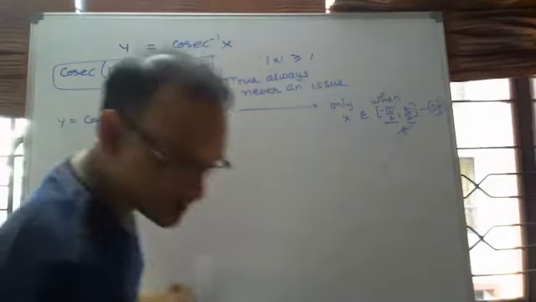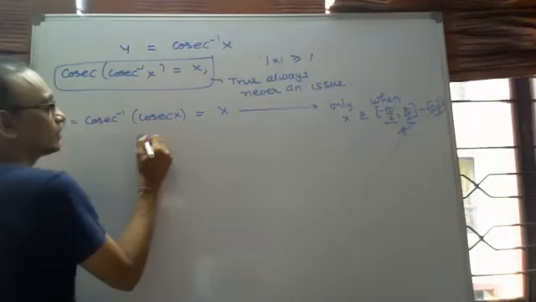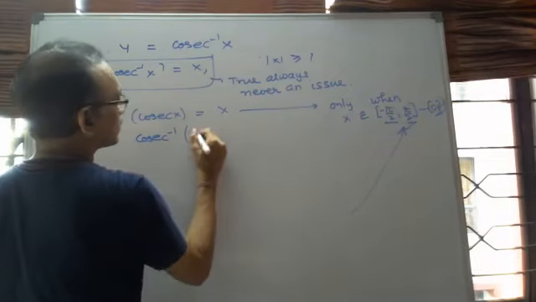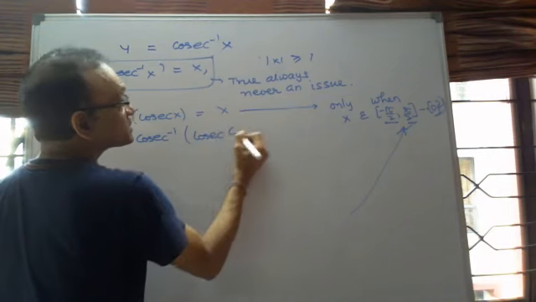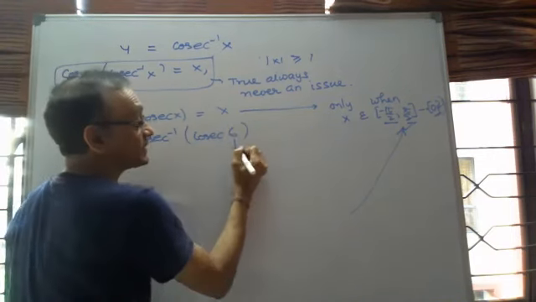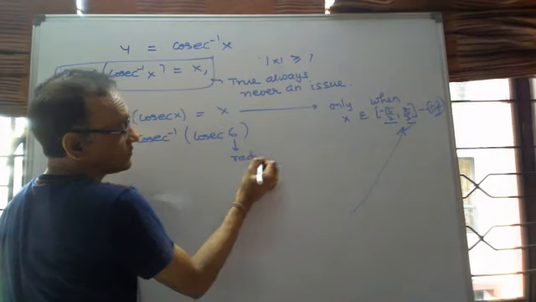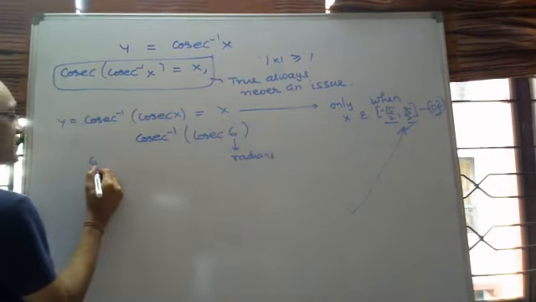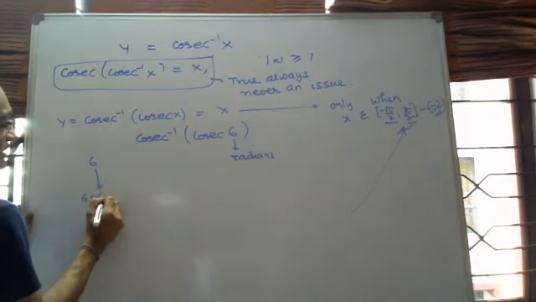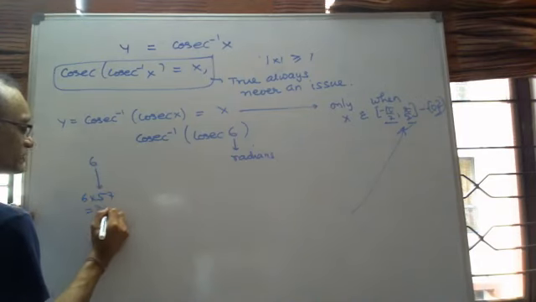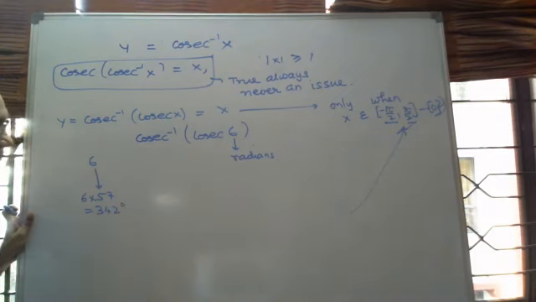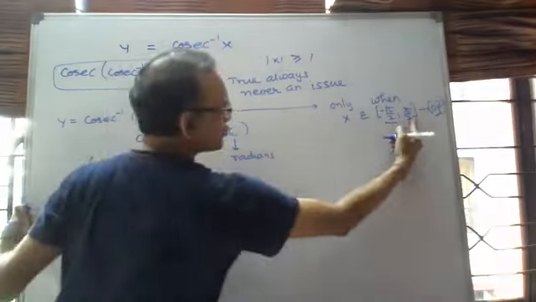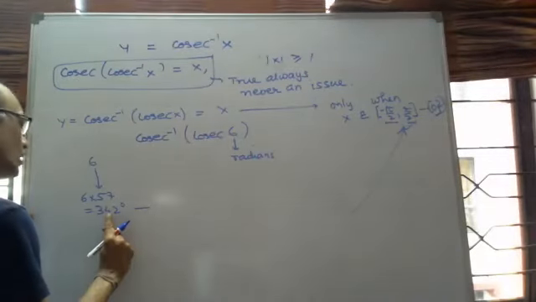Suppose I said cosec inverse cosec 6 radians है, डिग्रीज नहीं है बेटा, ये रेडियंस। 6 रेडियंस क्या होता है, करीब 6 into 57 डिग्रीज, 342 डिग्रीज, ठीक है। अच्छा 342 में क्या सब्ट्रैक्ट करोगे ताकि -90 टू +90 के बीच में आ जाए बेटा?